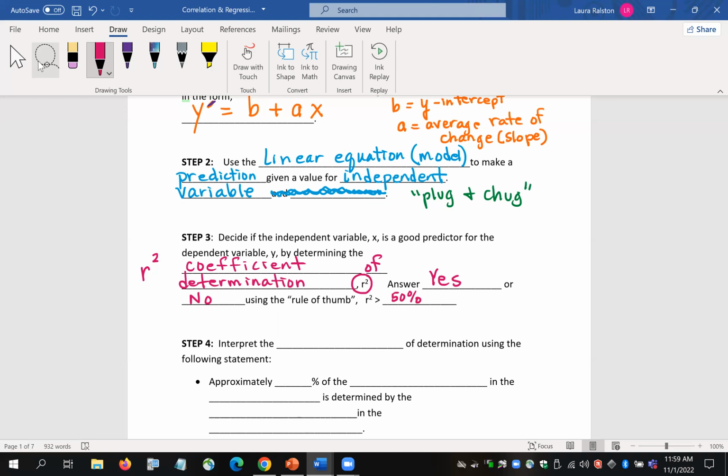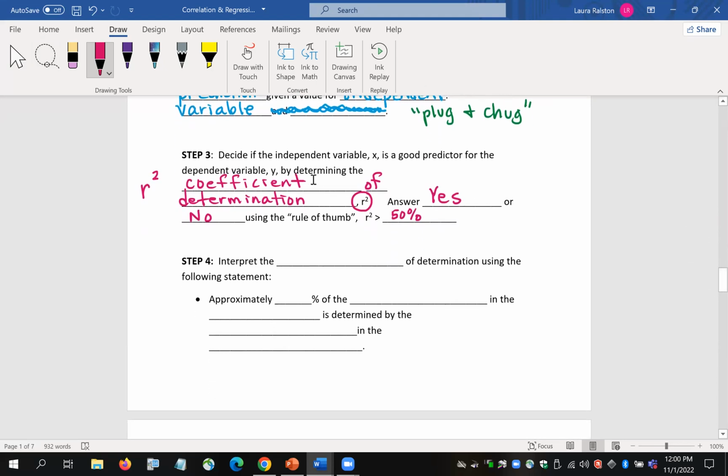Now, again, that's a little bit of waving our hand. We're not going to go through another statistical process. I'm not going to add another process to it. Okay, so if the R squared value is greater than 50%, we're going to say yes, that the X value is a good predictor of the Y value.